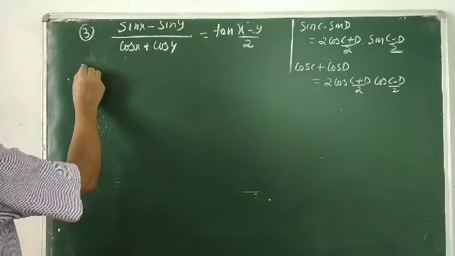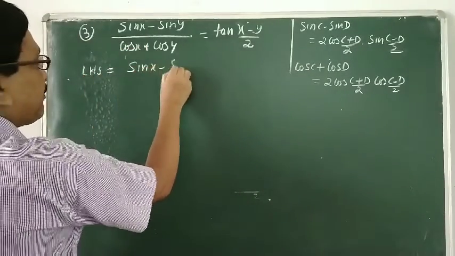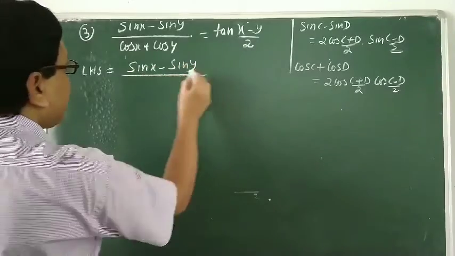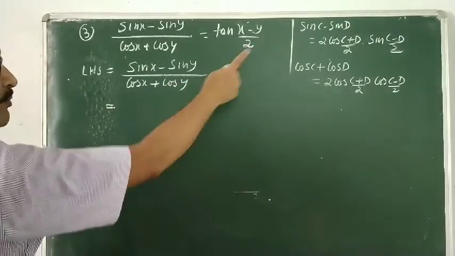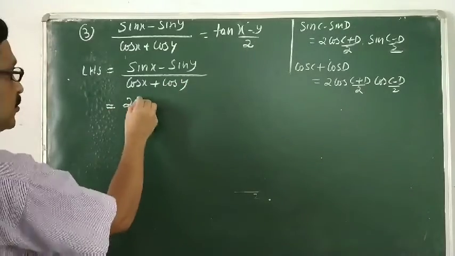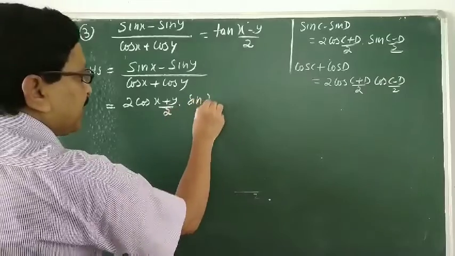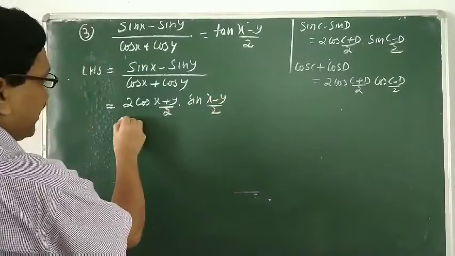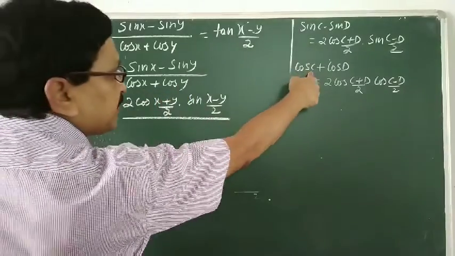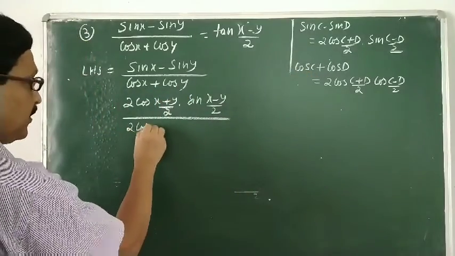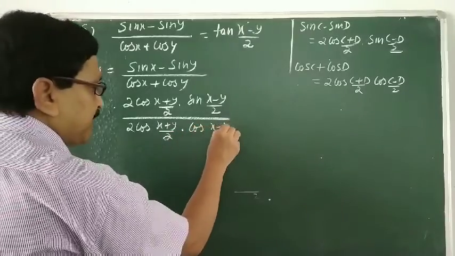Now just see, starting from the LHS, the problem is very simple. Sin x minus sin y divided by cos x plus cos y. Just applying the formula, 2 cos x plus y by 2 into sin x minus y by 2, whole divided by, now come to the denominator, cos x plus cos y, use this formula: 2 cos x plus y by 2 into cos x minus y by 2.